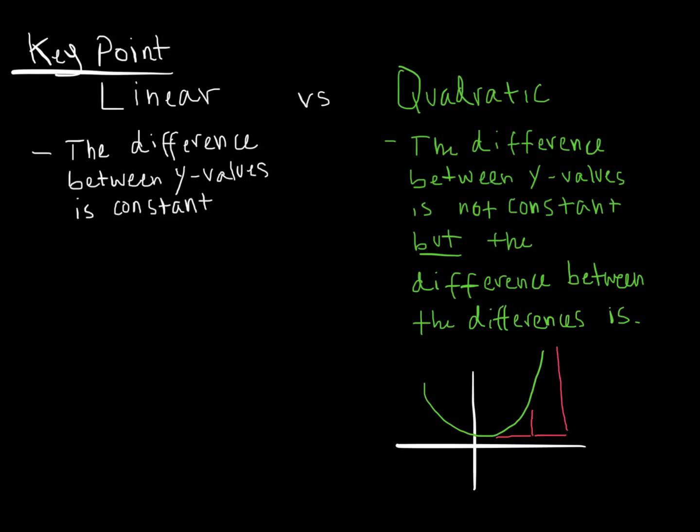In other words, even though I stepped the same amount each time, the change in the y was very different. However, the difference in the differences, that would be this amount right here, is always going to be the same. And that is a key characteristic that we can keep with us.